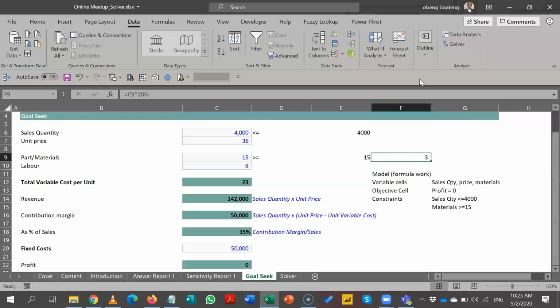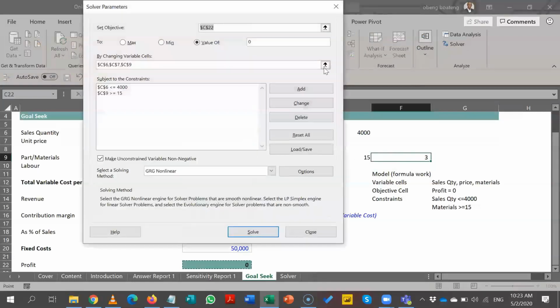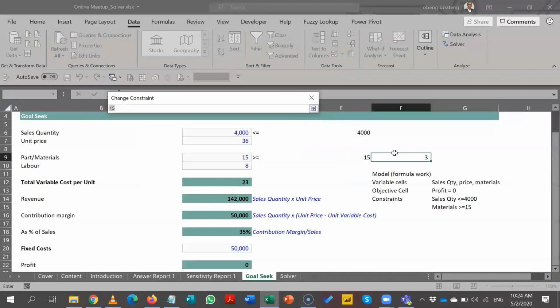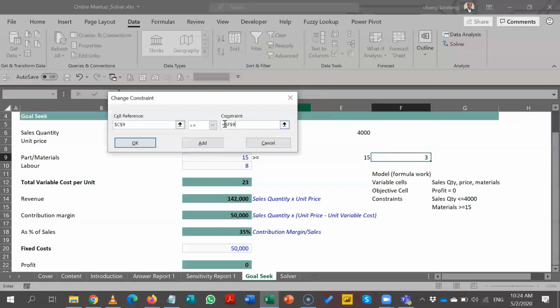So all you need to do is go to Solver, edit this, select that limit, and say this should not be more than this. So you are not forced to always put in a number here. You can direct it to a formula.